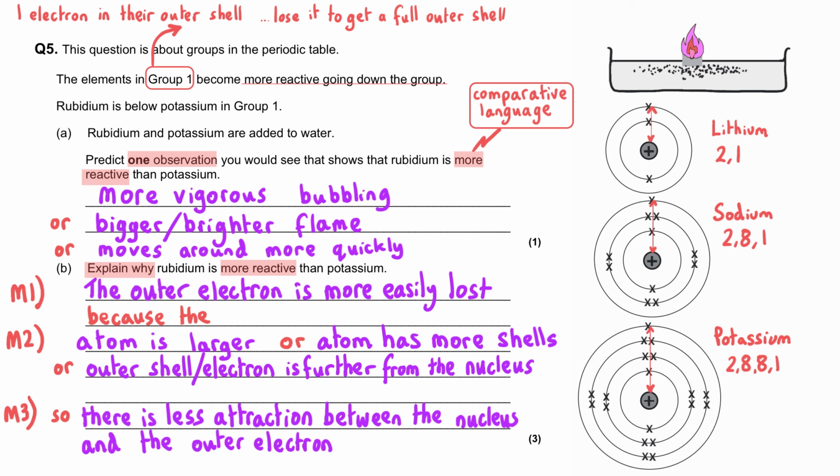We could also say, instead of that third point, that there is more shielding between the outer shell and the nucleus. That means that the positive charge of the nucleus is being blocked or shielded by the shells between the outer electron and the nucleus.